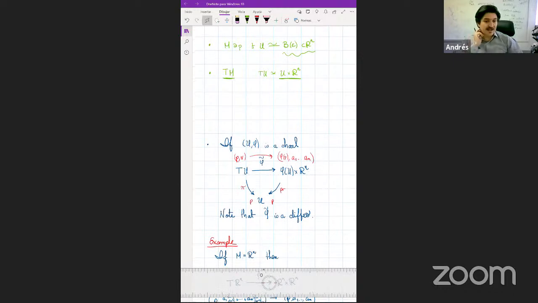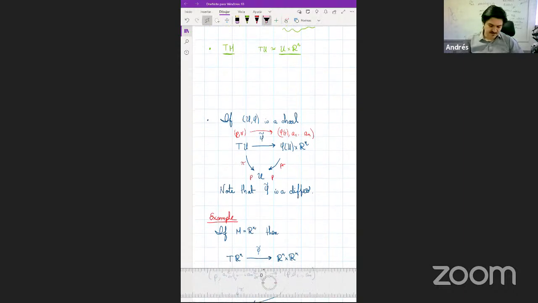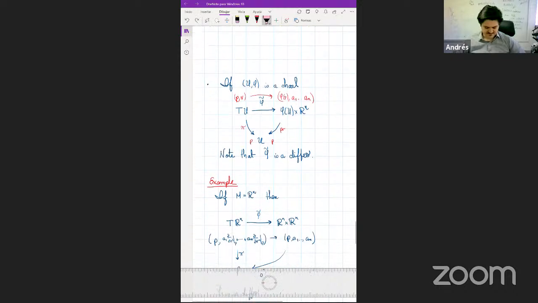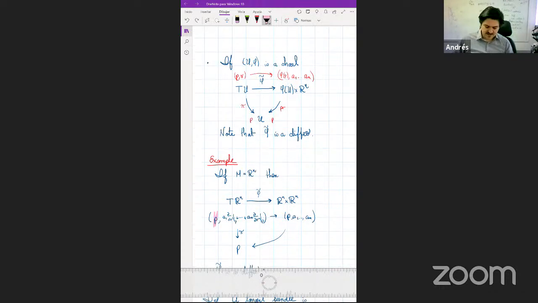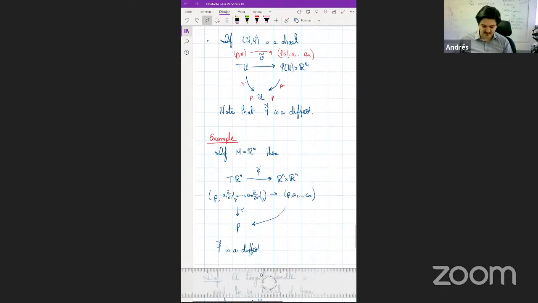So let's consider the manifold to be Euclidean space. So I have the tangent bundle of Rn. I'm going to define a map that is going to be a diffeomorphism. It is like this. So I take a point, a tangent vector, and I just send it to the same point and the coefficients of the vector. So this map is a diffeomorphism.